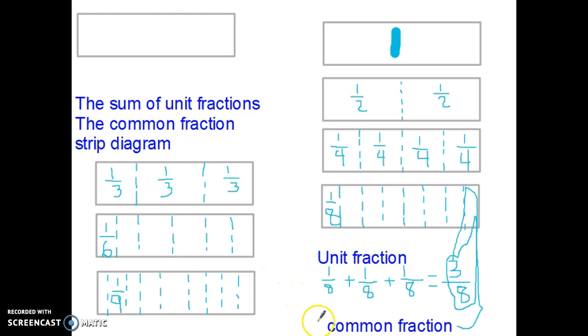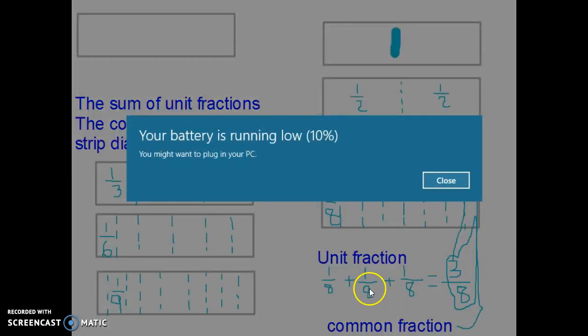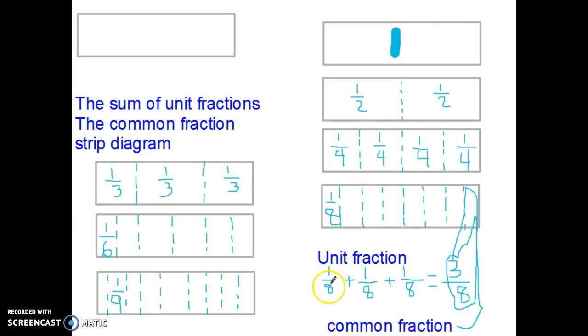Okay, so that way students, and parents, can see that the denominator, which is the bottom number, doesn't change. The denominator doesn't change, and we only add across with the numerator.